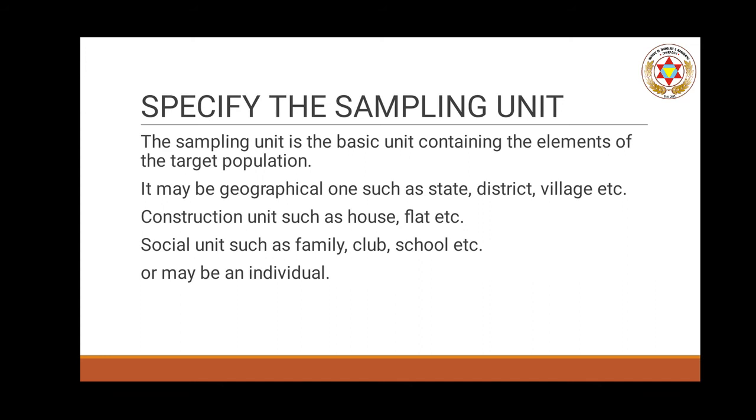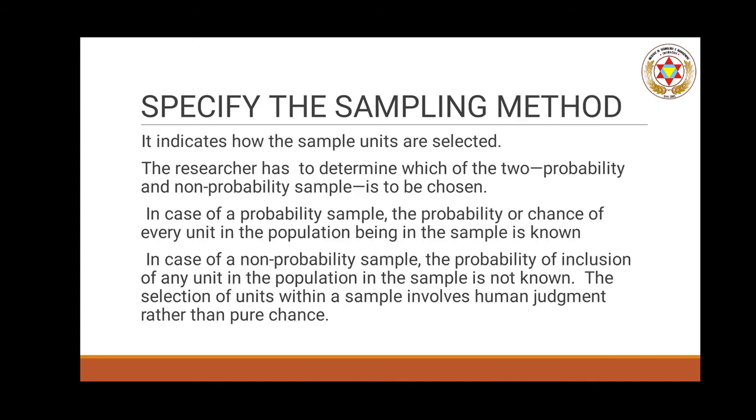After specifying the sampling unit, we need to specify the sampling method. Sampling method is exactly how the sample units are selected. A researcher has to determine which of the two methods, that is probability or non-probability sampling, is to be used.